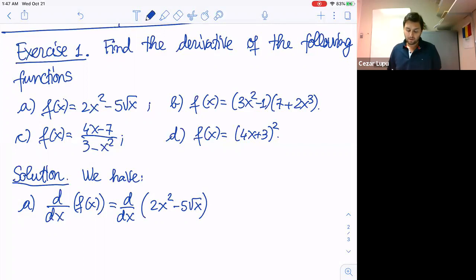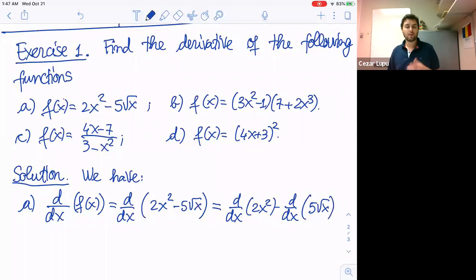And now we're just going to apply the basic properties of the derivative as we have seen above. So this is nothing else than the derivative with respect to x of 2x squared minus the derivative with respect to x of 5 times square root of x.